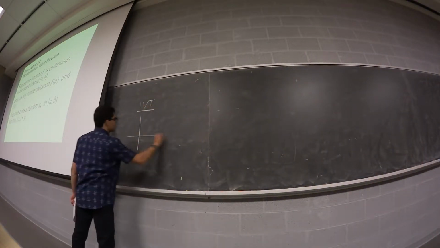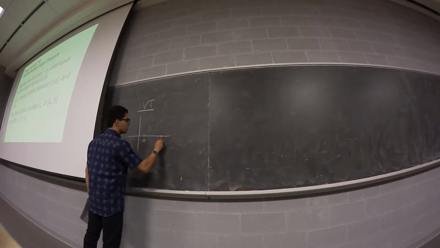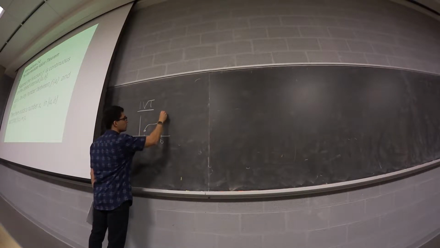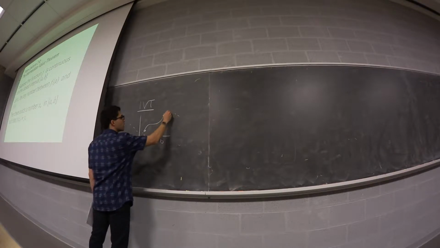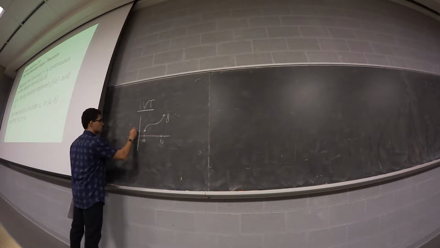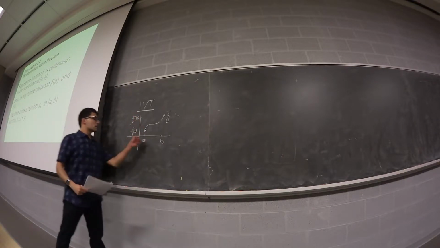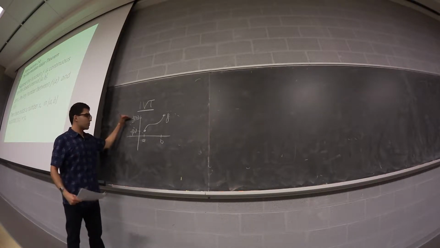If a function f is continuous from a to b, including both those points, then somewhere between a and b, the function must hit every number between f at a and f at b.